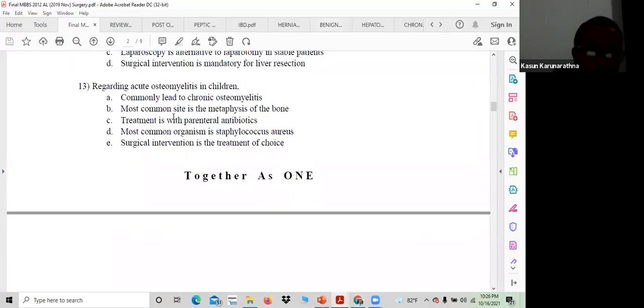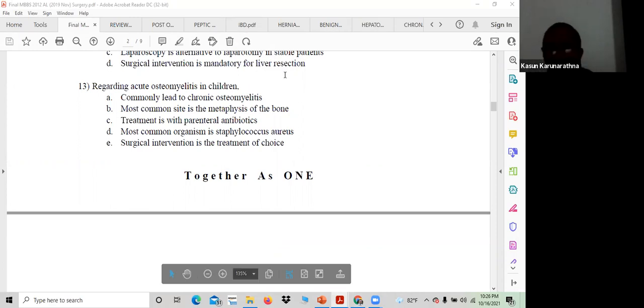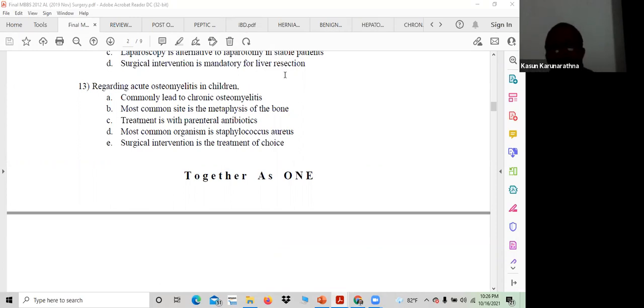Does it commonly lead to chronic disease? That's false. Unless you neglected the case, it settles, right? Joint fluid aspiration, no point in doing it, you are anyway going to open, right?